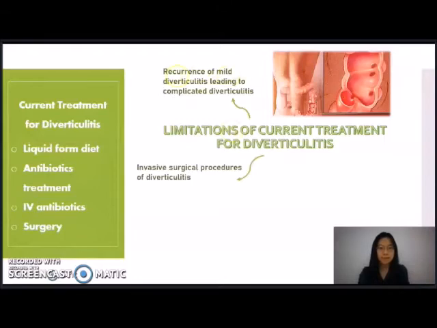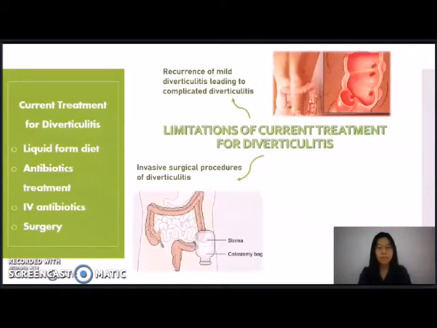Next, invasive surgical procedures for diverticulitis are also one of the limitations. Primary bowel resection and bowel resection with colostomy are both traditional surgeries to treat complicated diverticulitis. The limitations of these surgeries are invasive operations which include the use of a colostomy bag. How is the surgery performed?